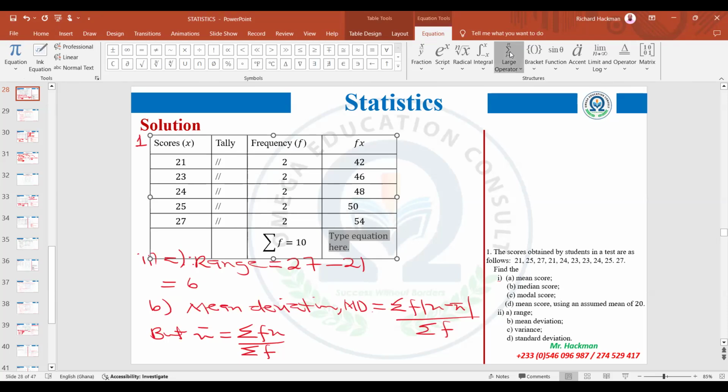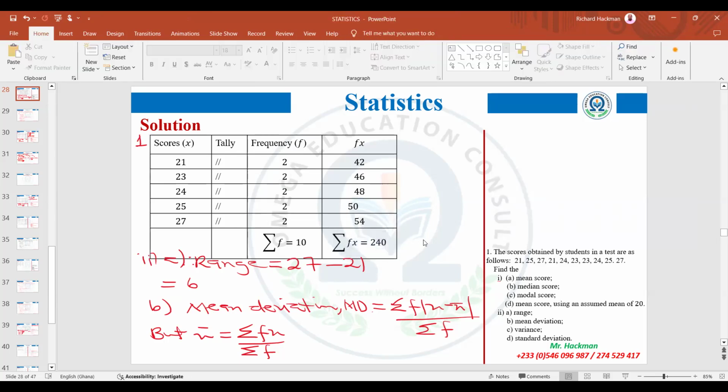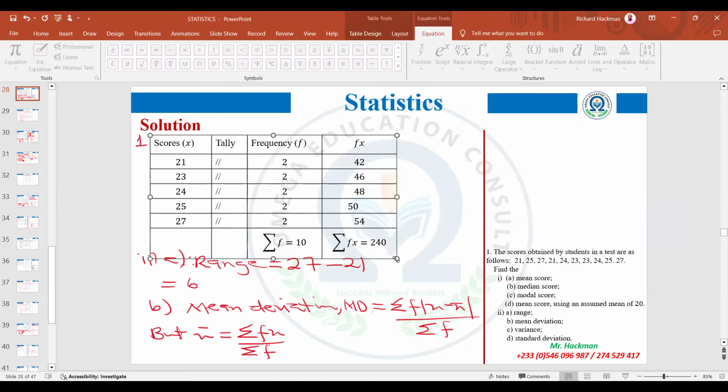Okay, already. So what? 240. You said 240. Yes, please. Okay, so 240, if she's right, I'm also right. So that would be the sum of what? Okay, so sigma fx. So sigma fx is equal to what? 240. All correct.